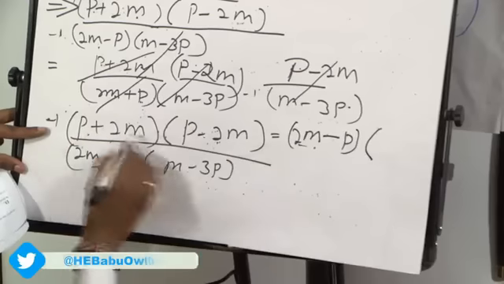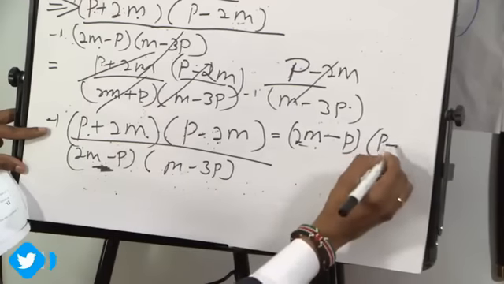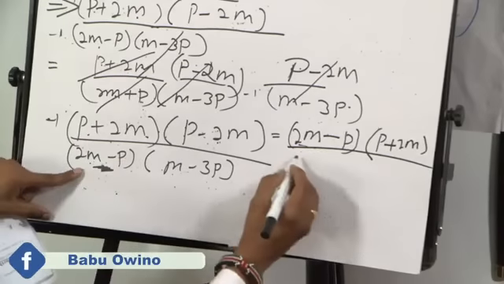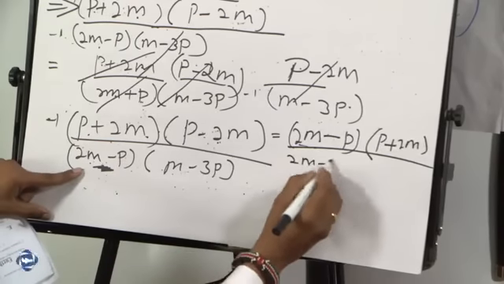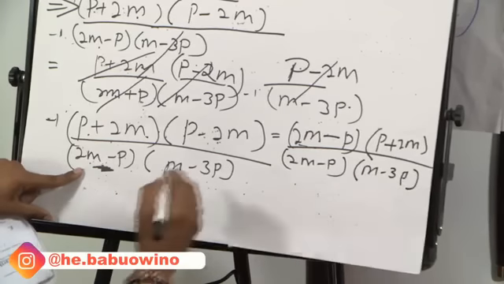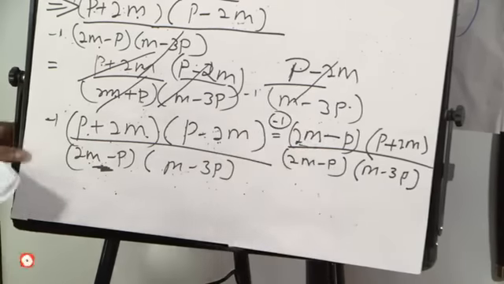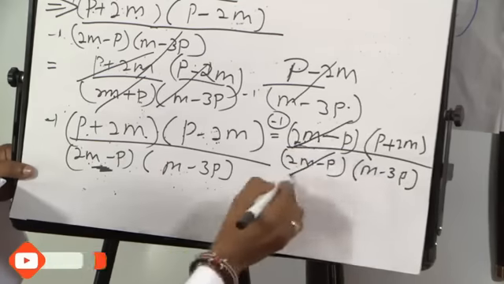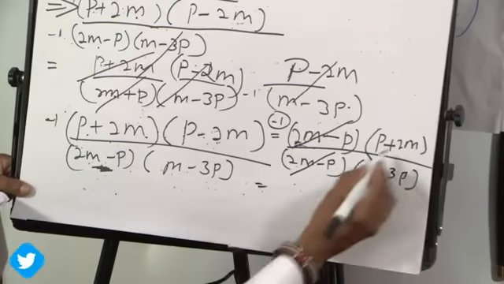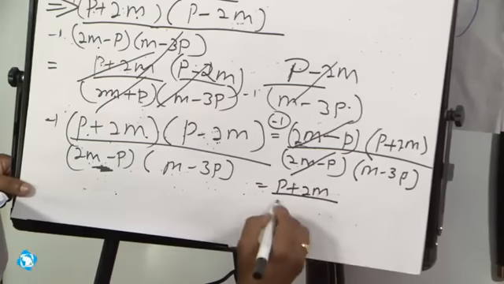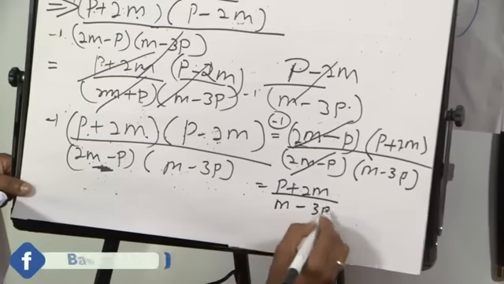Into bracket, this value is p plus 2m divided by 2m minus p into m minus 3p. Remember, we have negative here. So 2m minus p over 2m minus p, this and this cancel. So here you remain with p plus 2m divided by m minus 3p.